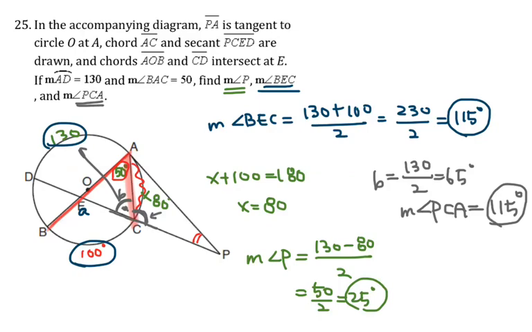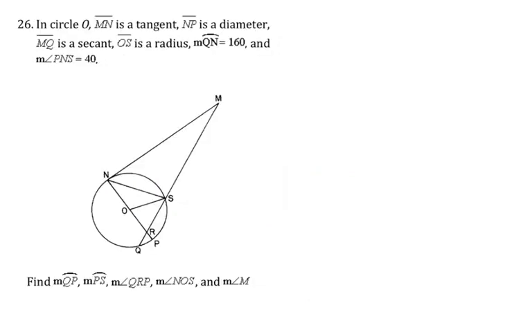Alright, so that's basically what we have done. Let's look at the next question, number 26. 26 is similar. Here we have QN equal to 160. That makes QP equal to 20, because NORP is the diameter. Another thing we get to realize is that PNS is a 40 degree angle.